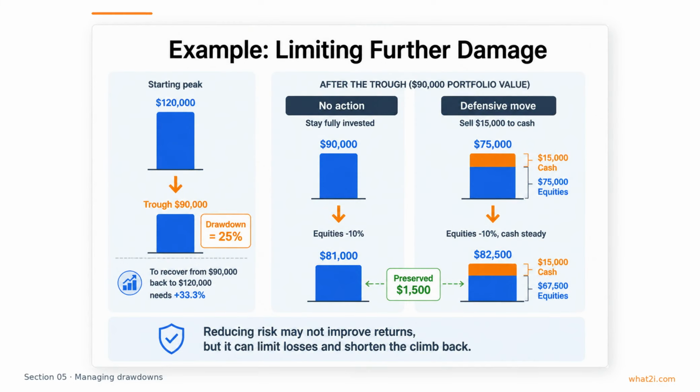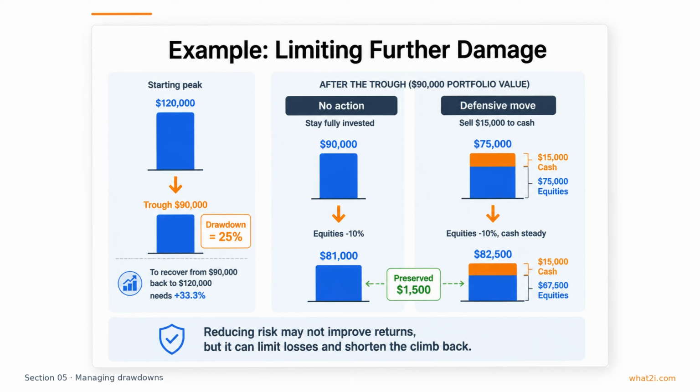Consider a simple example of limiting further damage. A portfolio falls from a peak of $120.00 to a trough of $90.00, which is a 25% drawdown. From $90.00, it now needs a $33.30, 3% gain to recover back to $120.00. Suppose one investor stays fully invested and then suffers another 10% decline in equities, taking the portfolio down to $81.00.